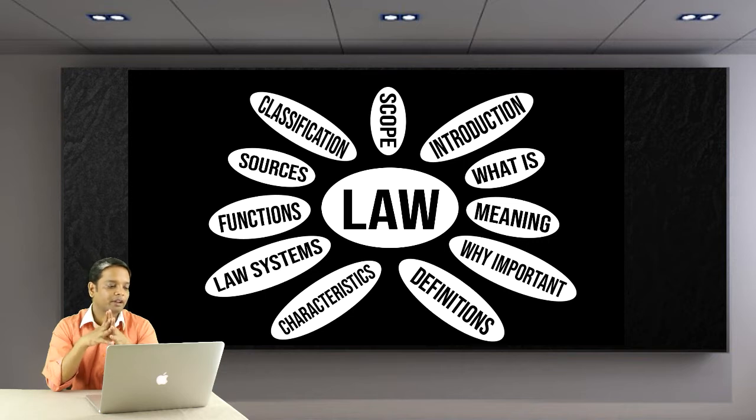So please wait. Next one is why is law important? Next one, definitions of law. Next one, characteristics of law, functions of law, sources of law, law systems, classifications of law, and lastly we will discuss the scope of law, which, being a student, you must understand: what the scopes are, what the job opportunities are where you can set your career.